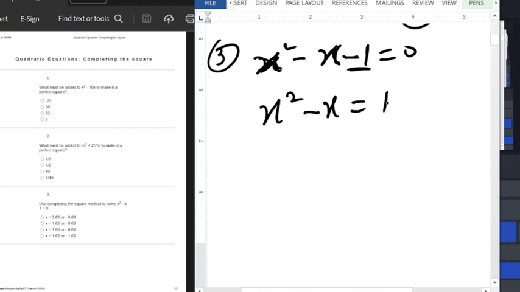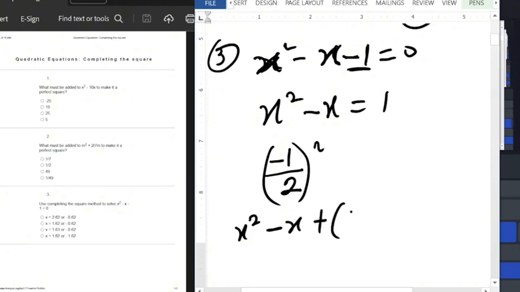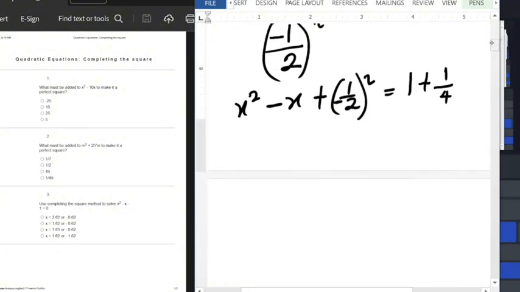The next step is to find half of the coefficient of x, which here is minus 1. Half of it means we divide it by 2, then we square it. This will be added to both sides. So we have x squared minus x plus 1 over 2 squared, don't forget the minus, equals 1 plus 1 squared over 2 squared, which is 4.